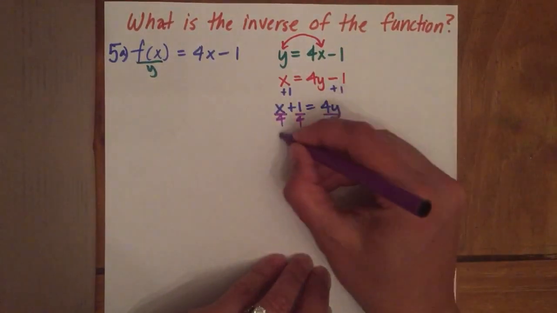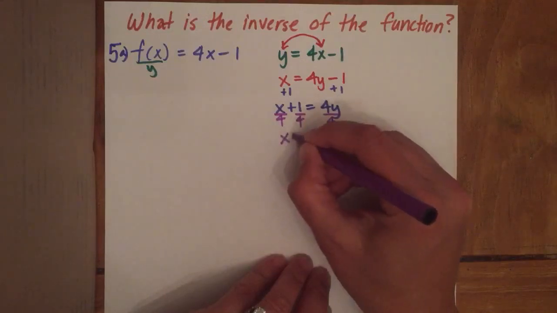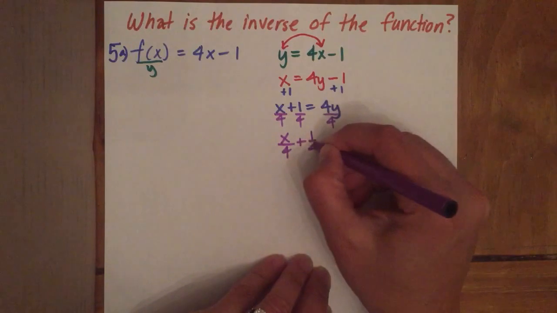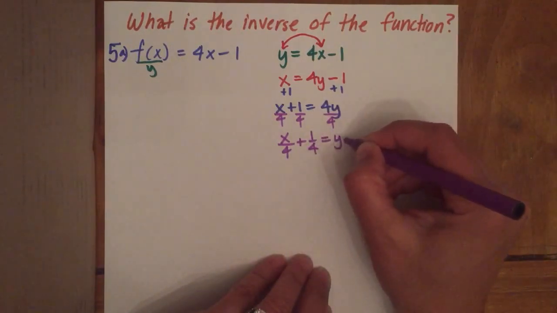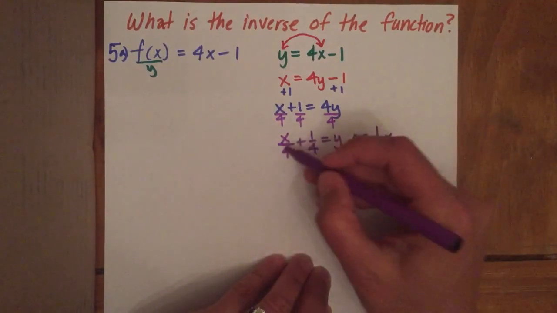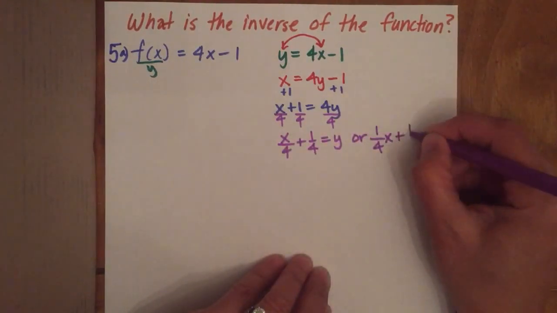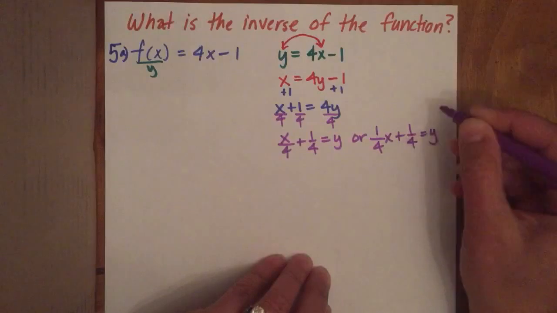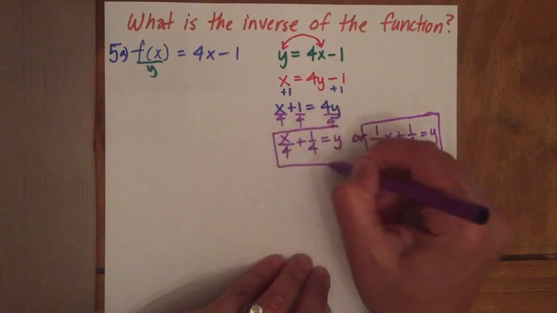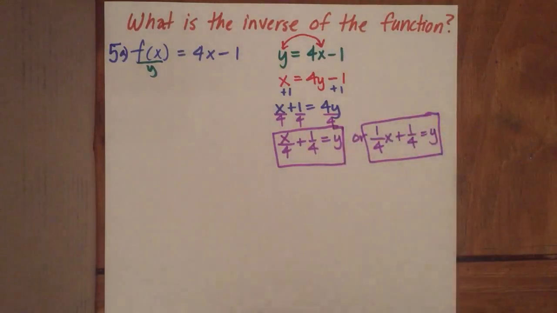And what that's going to give me is x over 4, which is 1/4 x, plus 1/4 equals y. And again, the other way you can write it is 1/4 x plus 1/4 equals y. So this is a possibility, or you could write it this way. And that's how you find the inverse given a function. You switch the x and y and solve for y.